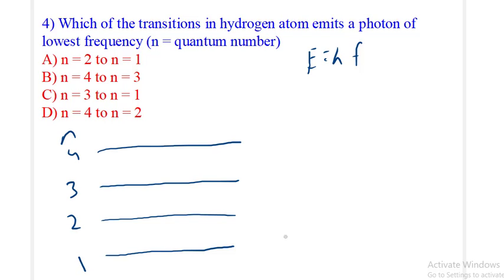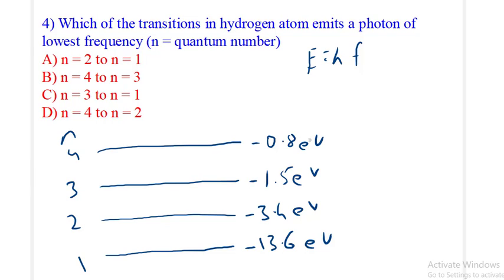Now we know the energy for the hydrogen atom: for the first orbital it is minus 13.6 electron volt, the second is minus 3.4 electron volt, next is minus 1.5 electron volt, and the fourth is minus 0.8 electron volt. We can calculate this by using the formula En is equal to minus 13.6 upon n square.